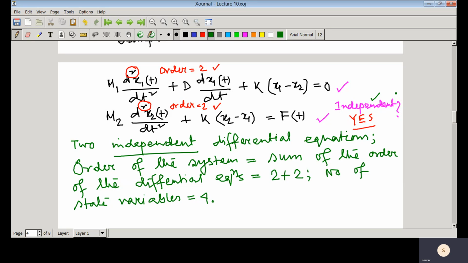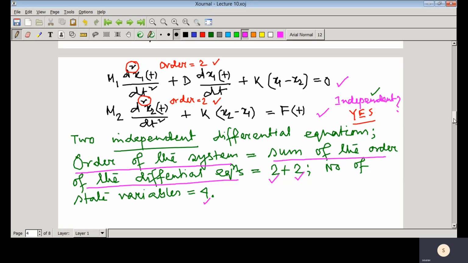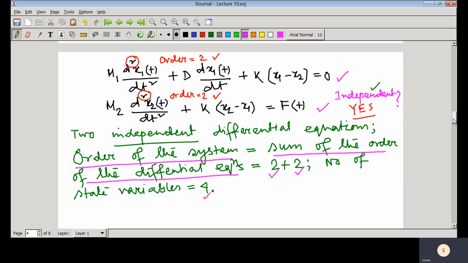Then you take the set of linearly independent differential equations, and the order of the system is equal to the sum of the orders of those differential equations. In this example, the orders are 2 and 2, so 2 plus 2 is 4. So the number of state variables required to represent that system is 4. Now the first step is done. The second thing is how do we represent that system in state space.